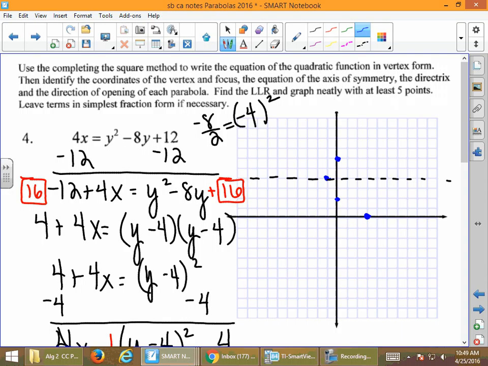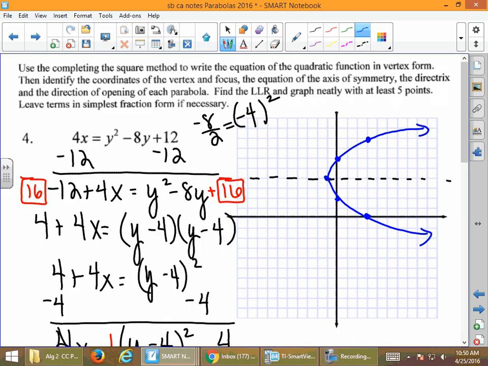And 3, 0 is 4 spaces away from the axis of symmetry. So on the other side, if we count 4 spaces, 1, 2, 3, 4, we will also have a point at 3, 8. And here's our picture. Opening to the right, just like we said it would.